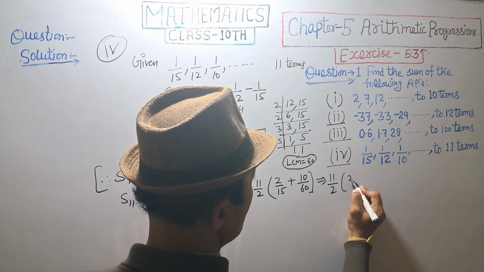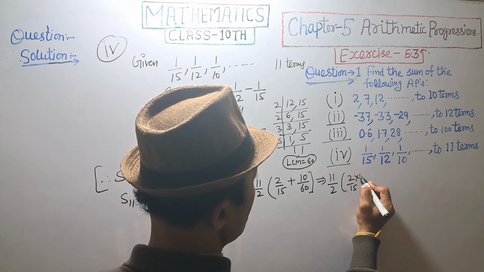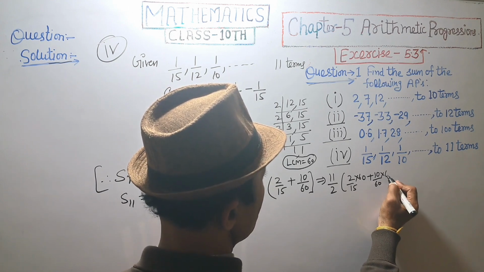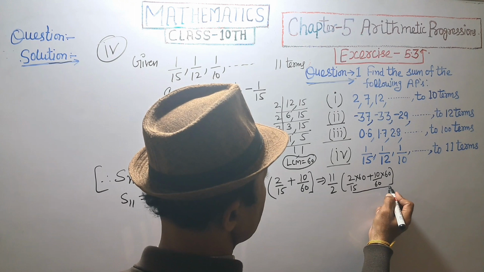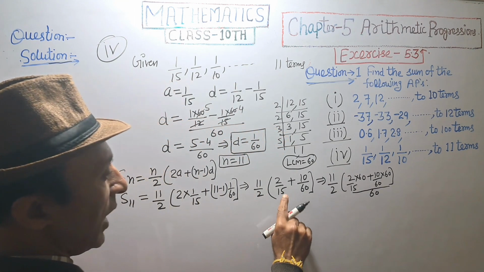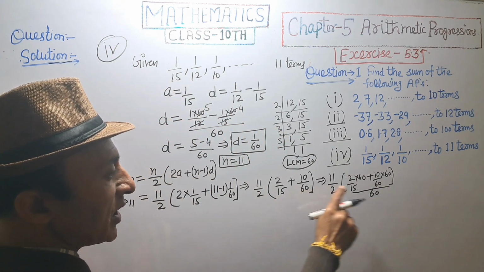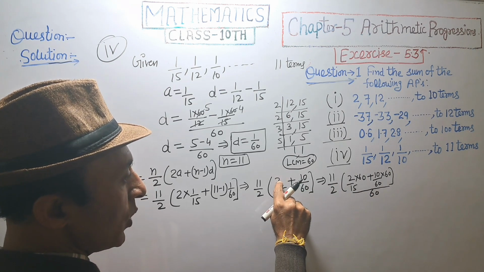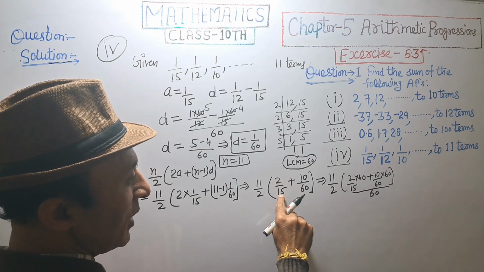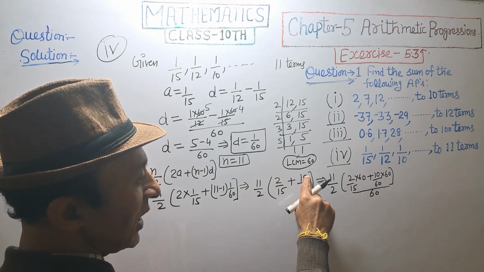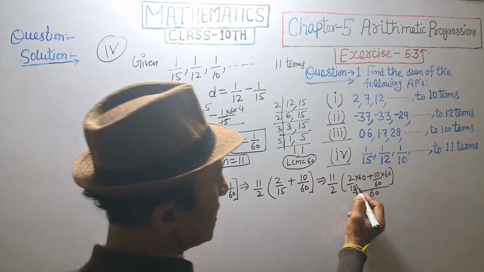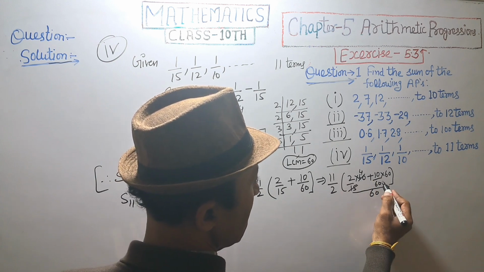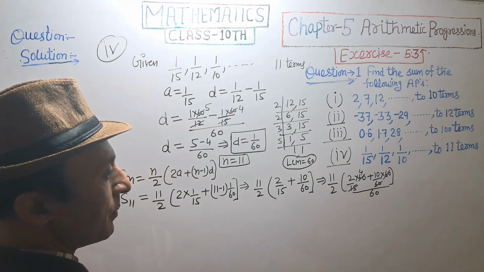So 60 multiplied by 2/15 plus 60 multiplied by 10/60. 15 4s are 60 and the 60s cancel.